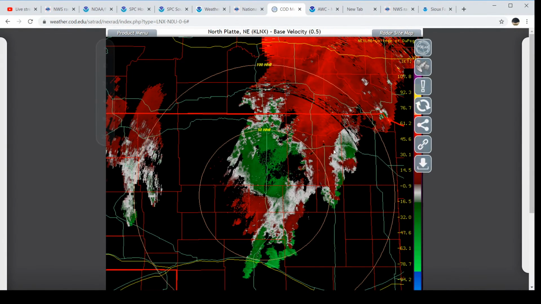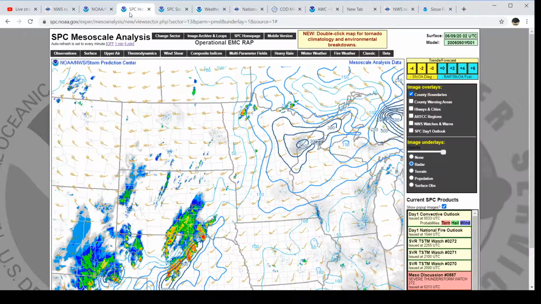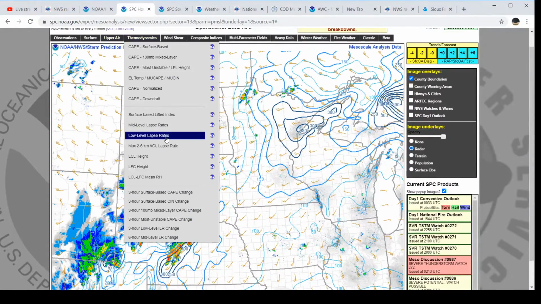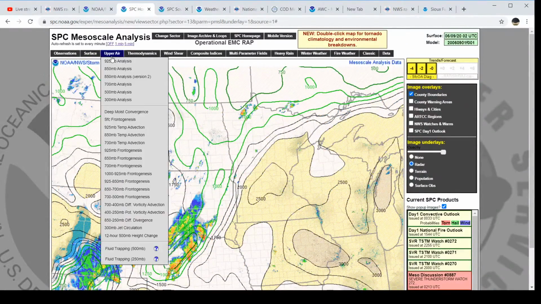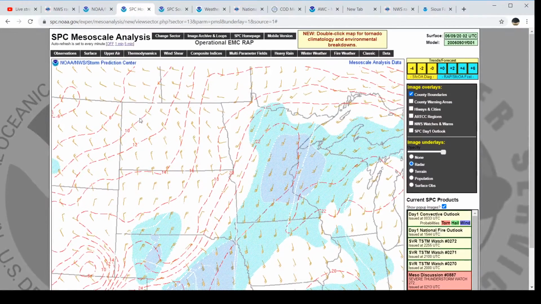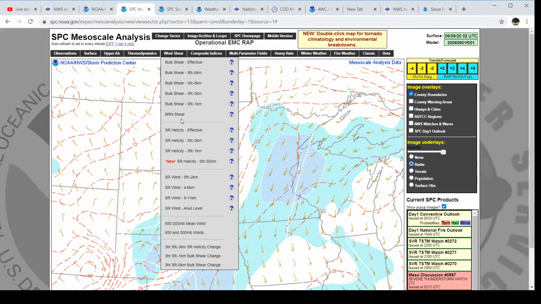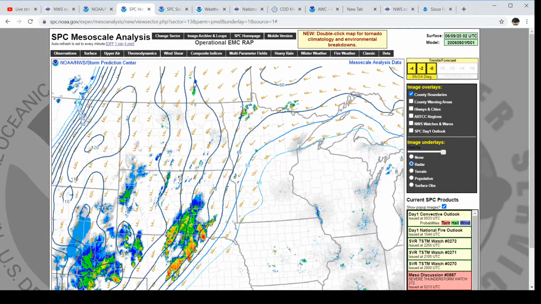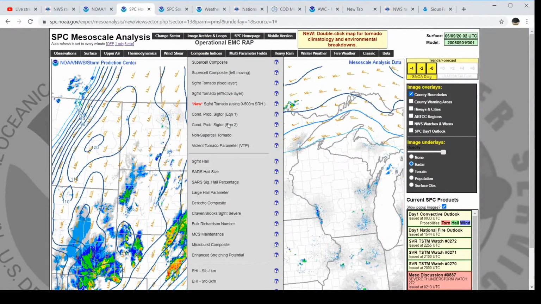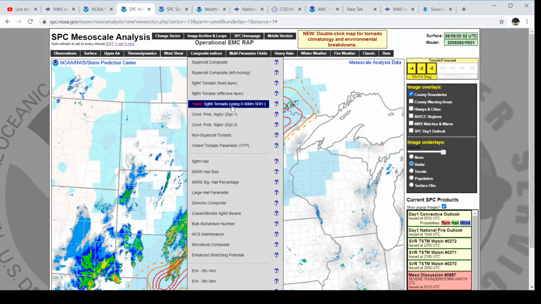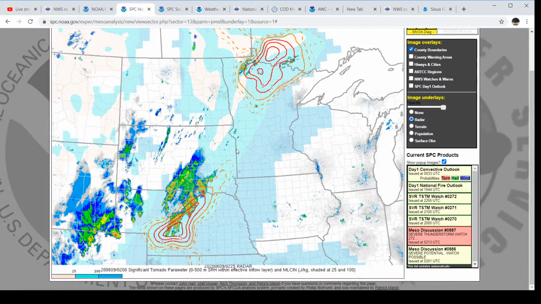How linear and windy this event's looking. Crazy how high these numbers are.